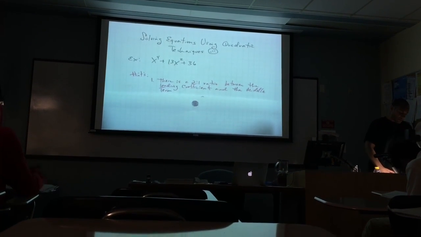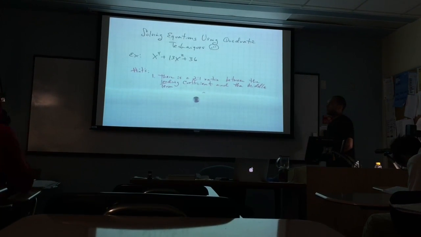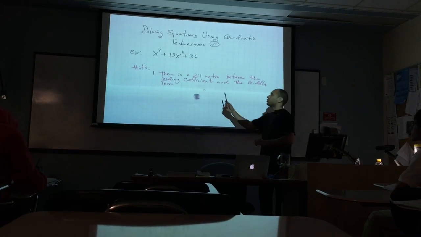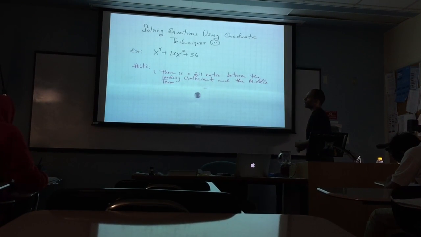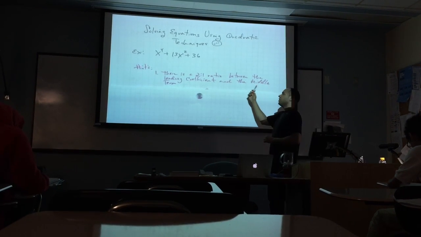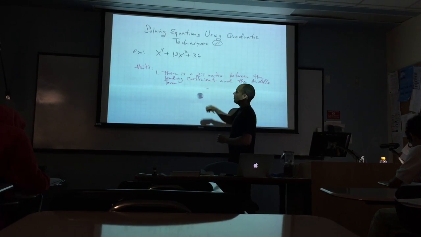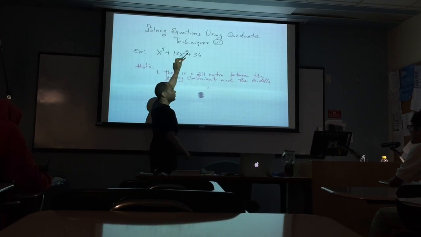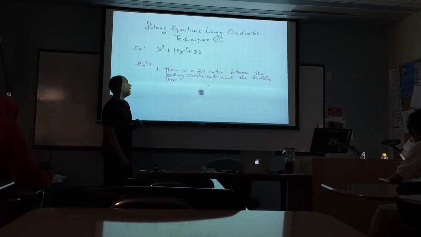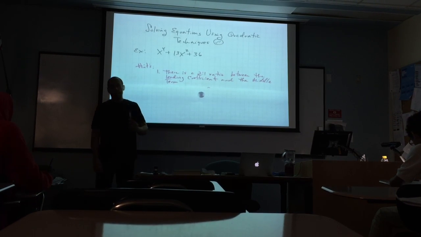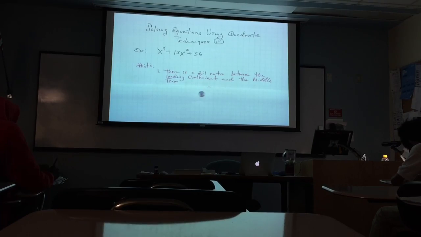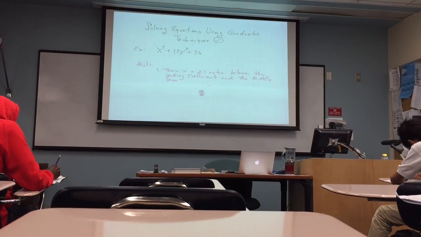Let's take a look at what some of those warning signs or hints are. First, if we compare this to a quadratic, you will notice that there is a 2-to-1 ratio between the leading term and the middle term. I'm really referencing the degrees here. Just to expand on that a little more, everybody take a look over here.